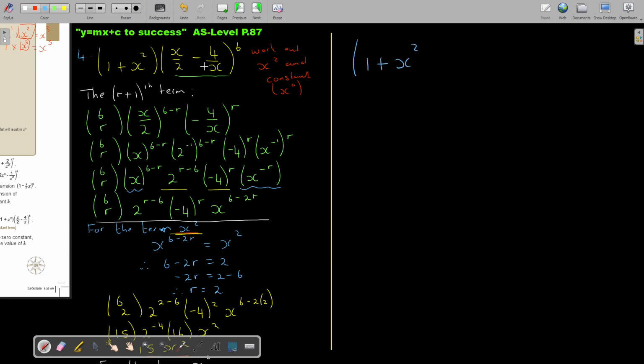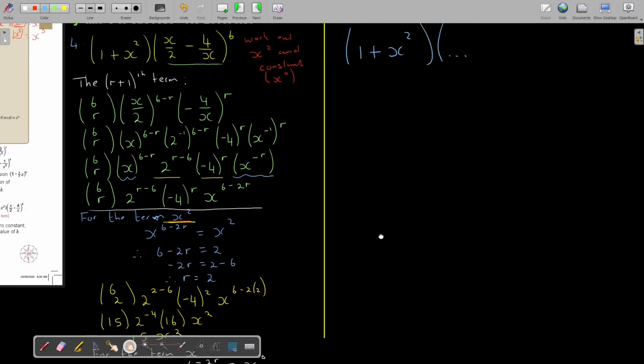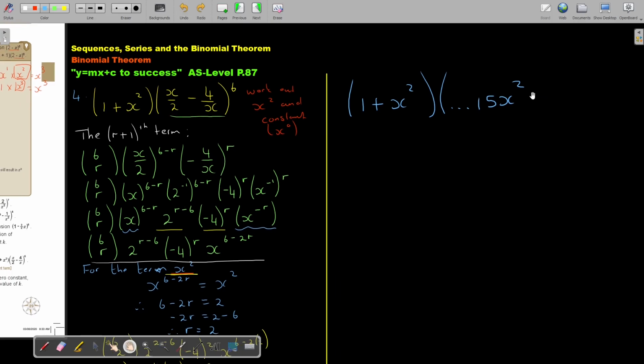And I said I only need 2 terms there. I just need my term which was giving me the x squared, and that was 15x squared. And I just need my constant, and what was it? Was minus 160. Can you remember? So I can even make it pen, minus 160. Okay, the rest I don't worry.